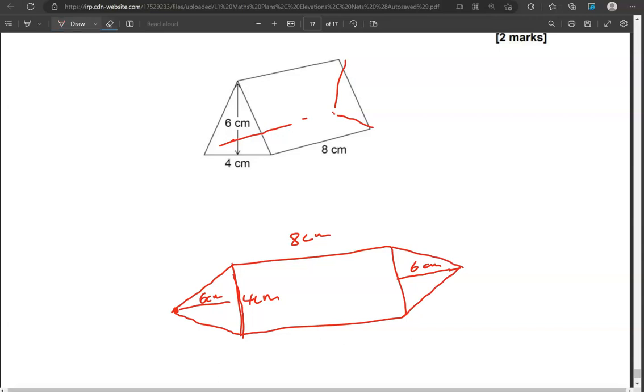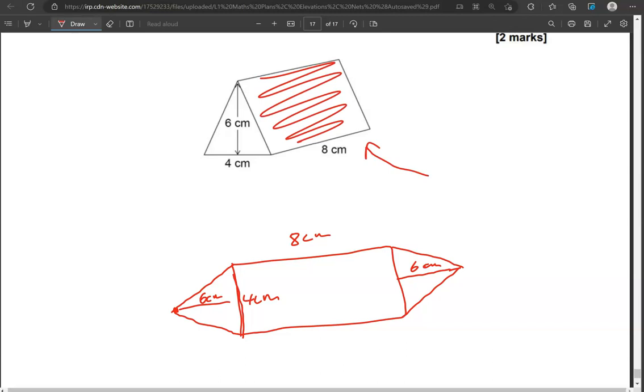And now we have these two other faces that we need to show. If you look at this shape from the side, you're going to see a rectangle. But because this is slanted, the rectangle is going to measure 8 centimeters by 6 centimeters.